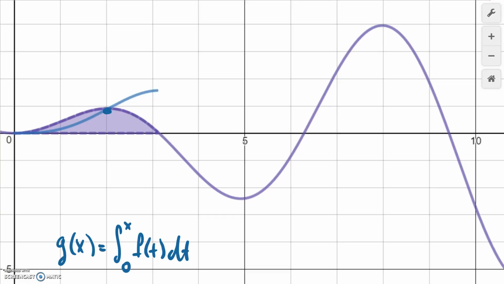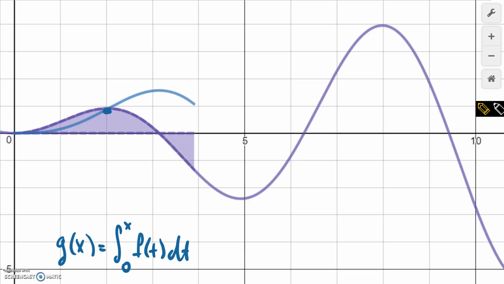What happens as I cross through that point, this particular x value, is my f function crosses below the axis, right? And that means that my integral will register the area that it accumulates as negative. So I'm now expecting my cumulative area function, which is g, to start going downhill. And that's what happens as I cross this thing.